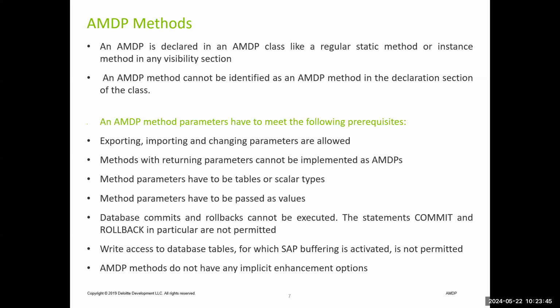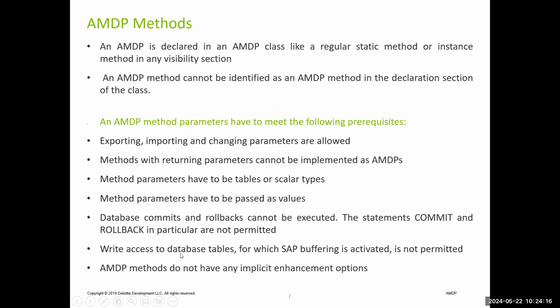An AMDP method cannot be executed as a standalone method, or used to productize any application standalone. Some caller program has to call the AMDP method. AMDP is just a tool to interact with the database, so that is why commit and rollback are not allowed in the AMDP method. You can have these statements in your caller program or caller class.